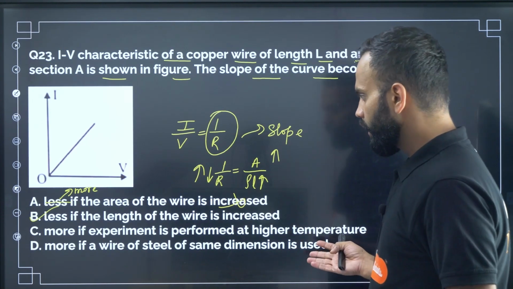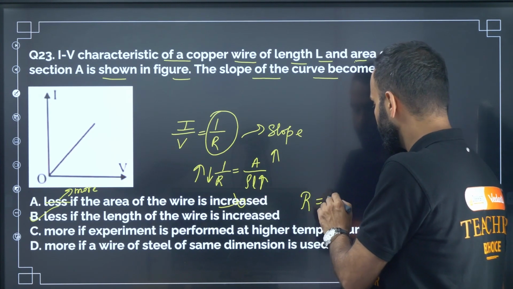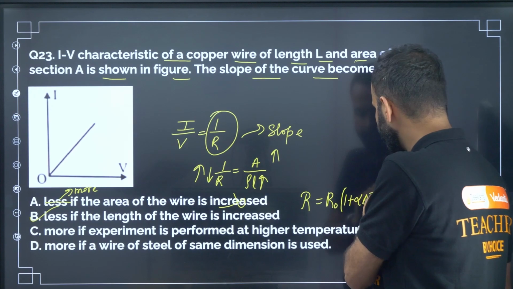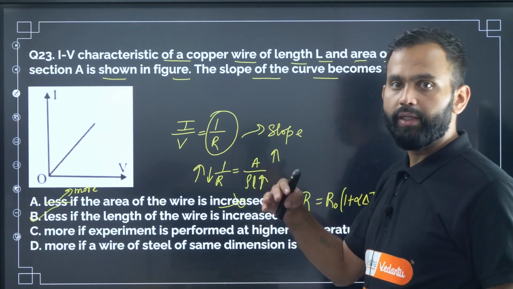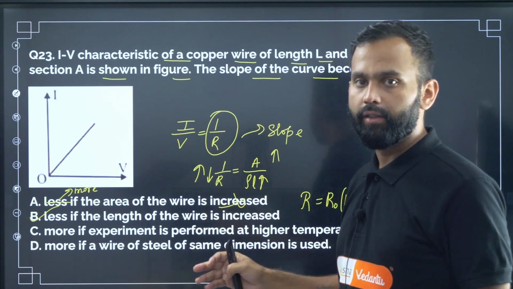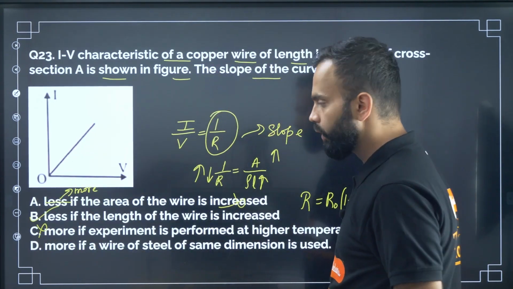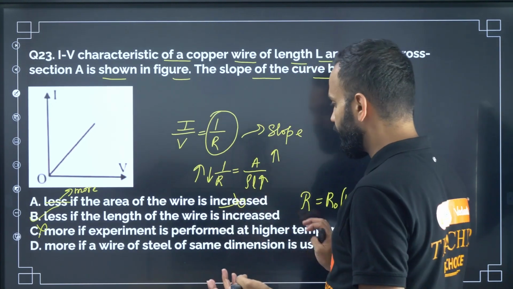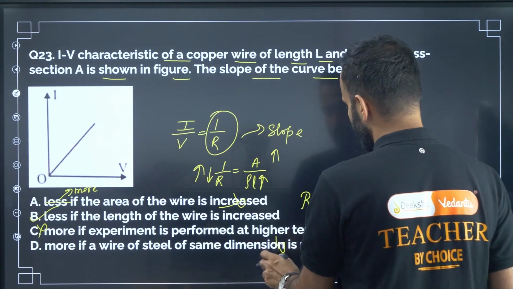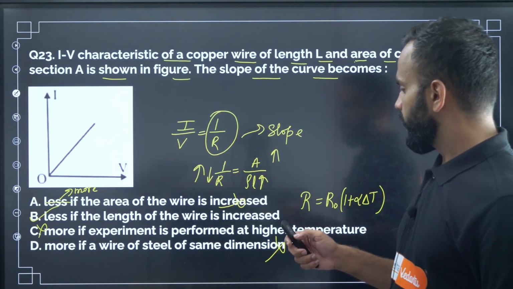The temperature dependence of resistivity is R equal to R naught into 1 plus alpha into delta T. The curve is different for different materials. For a conductor it is different, for a semiconductor it is different. So option C is wrong. You will not get a straight line if you perform the experiment at higher temperature. Option D, more if a steel wire of the same dimension is used. Wrong, right? So the correct option is B.